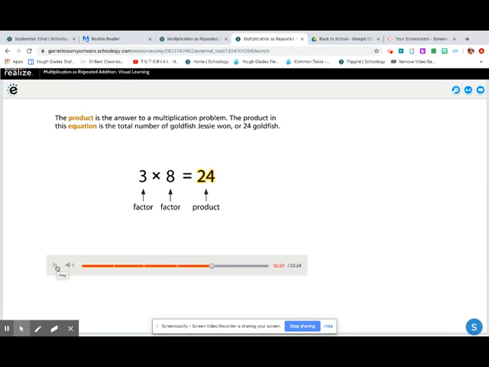Whenever you're trying to turn a word problem or a repeated addition equation into a multiplication problem, you need to identify the groups first. That's number 1. This 3 represents those 3 bags, those 3 groups. This 8 represents how many were in each bag. Those are called factors. The product is the answer to a multiplication problem. The product in this equation is the total number of goldfish Jessie won, or 24 goldfish.